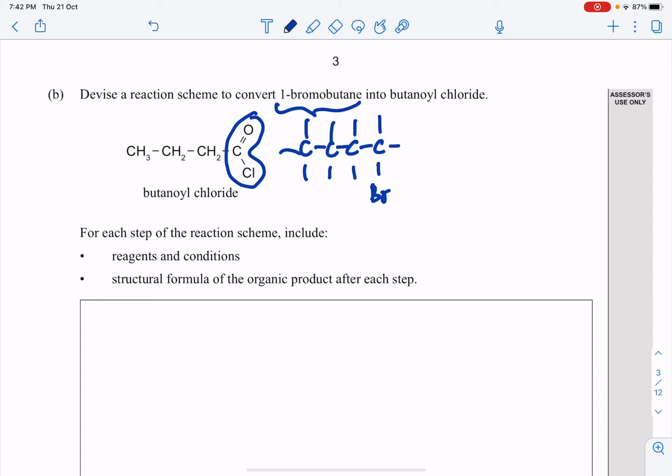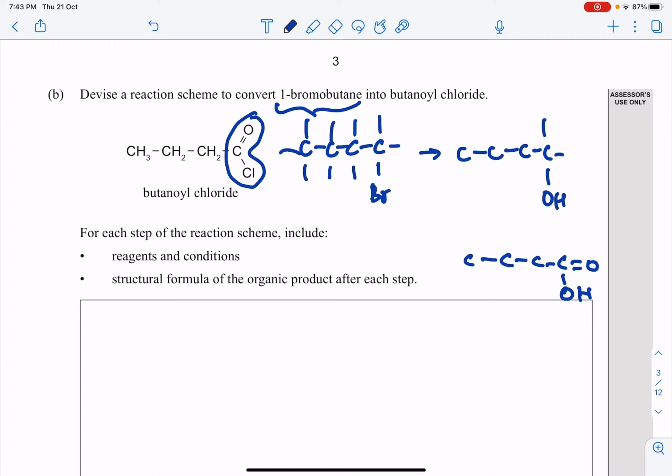And we are going to convert the Br to OH, and then OH to carboxylic acid, COOH, and then eventually changing this OH group right here with the Cl. So you can see that there is 1, 2, and 3 steps.